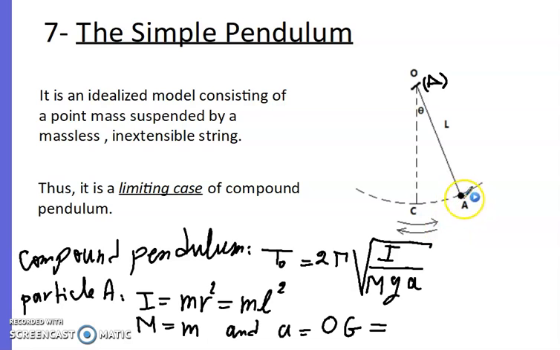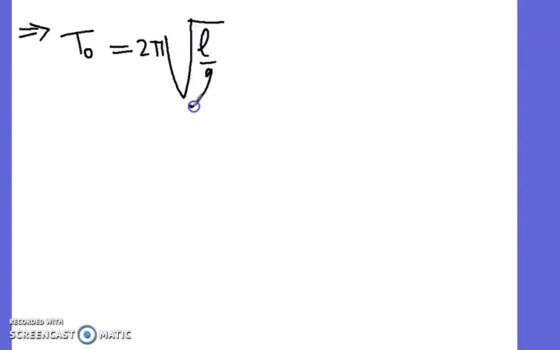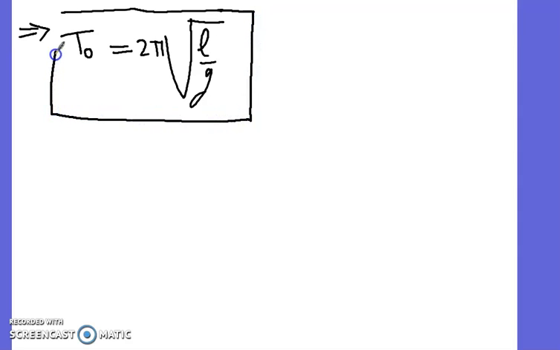So we have only one particle here, where G is here. So this is equal to L, because we have only one particle. Replace everything here, we get what? We get, in this case, the period of the simple pendulum, 2 pi radical L over G. Okay, this is in reality the proper period or the natural period of a simple pendulum.